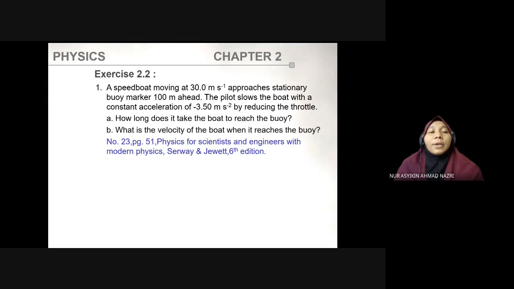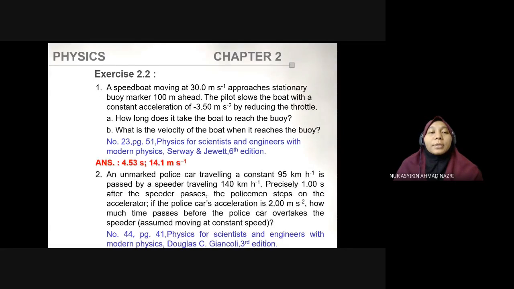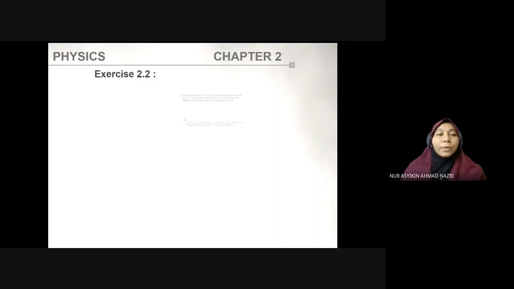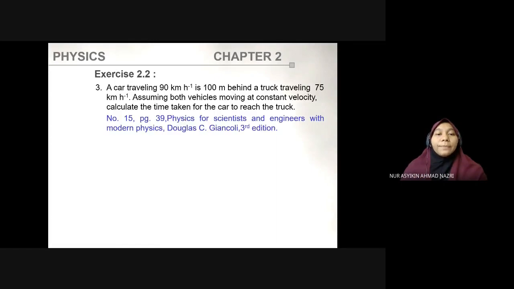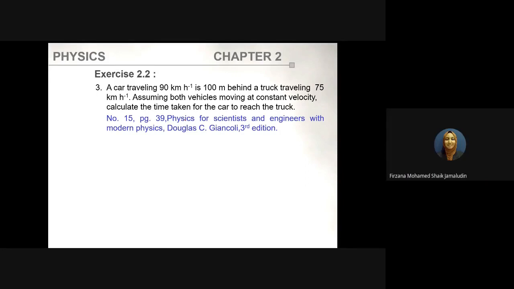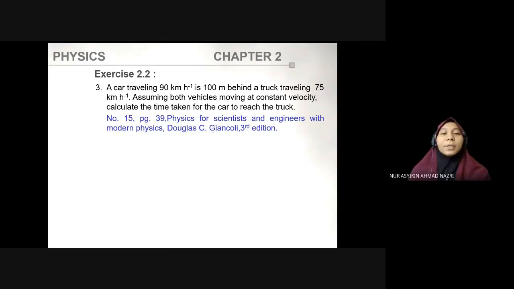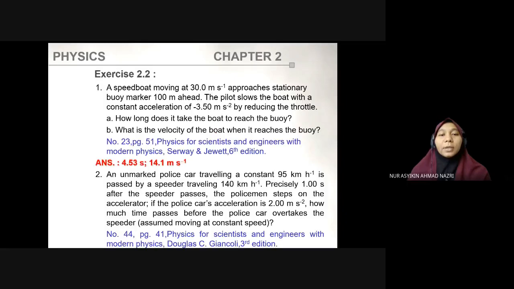Alright, so we have an exercise here. You can try kalau rajin. Kalau tak rajin, buat tutorial cukup pun okay dah. Alhamdulillah, syukur dah nak buat tutorial tu. Madam, exercise ni dari mana? Daripada buku survey juga ke? Macam merata juga.